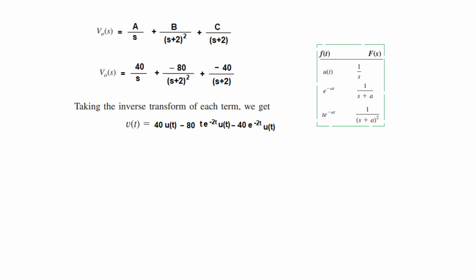This one is (s plus 2) whole square, so we'll be using this formula: it is t e raised to the power minus at, where a is 2. Similarly, the last term will simply be 40 e raised to the power minus 2t, and we write u(t) with all of them because here we are dealing with the unilateral Laplace transform.